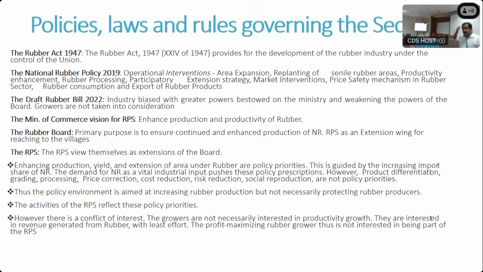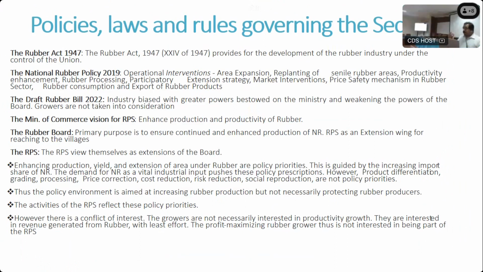Now, if you look at the Ministry of Commerce's vision for RPS, you would again see this in the enhanced production and productivity of rubber assets. And for the Rubber Board, the primary purpose is to ensure continued and enhanced production of rubber. Now, in one or two of its documents, you will see that the Rubber Board says RPS is an extension wing to reach to the villages.